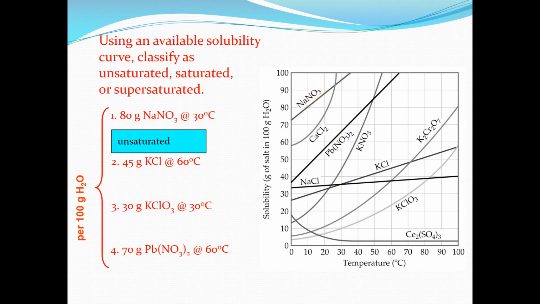What about number 2? 45 grams of potassium chloride at 60 degrees. So it's right there. We're looking at this line. It will be saturated. 30 grams of potassium chlorate.